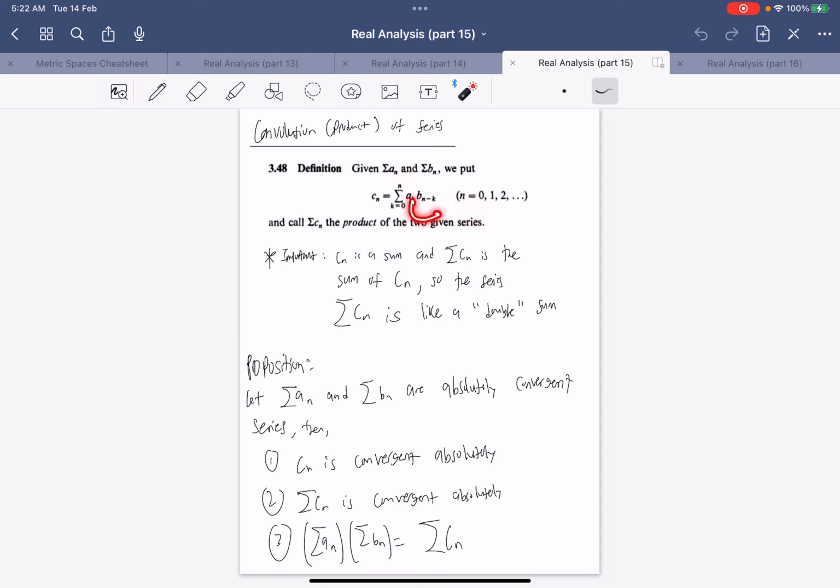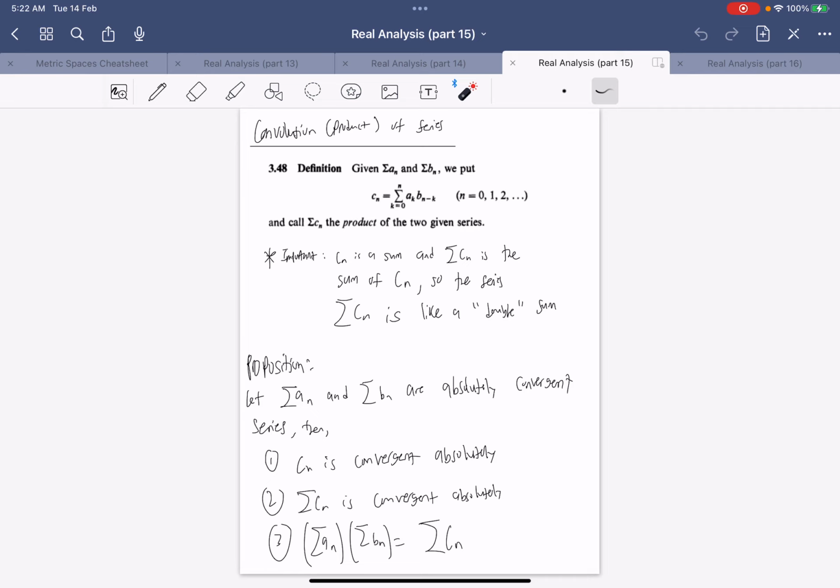So the terms from a_n are multiplied by b_{n-k}, and then you sum over k from 0 to n, and that's your definition of c_n. The sum of c_n is known as the product of the two given series.